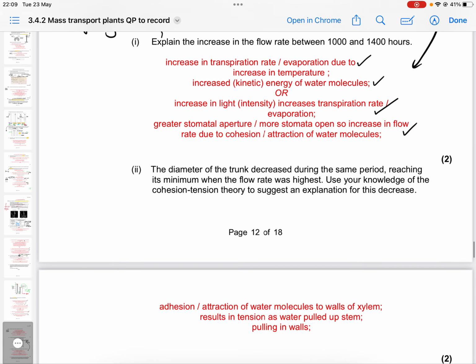And the final question here asks you about the diameter of the tree trunk. So remember, on the hottest day, there is a lot of tension, a lot of pressure, and that's caused because of the adhesion. So the water molecules attract themselves to the walls of the xylem, and that tension, that pressure allows the water to be pulled up as a column.